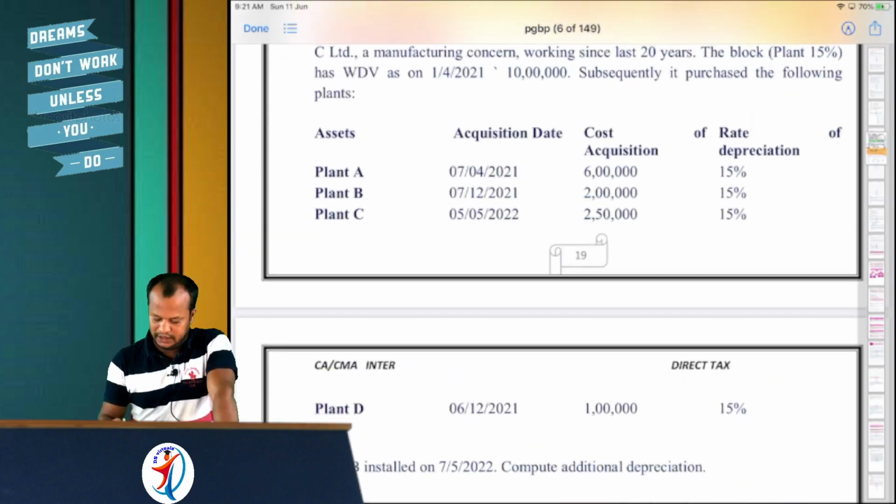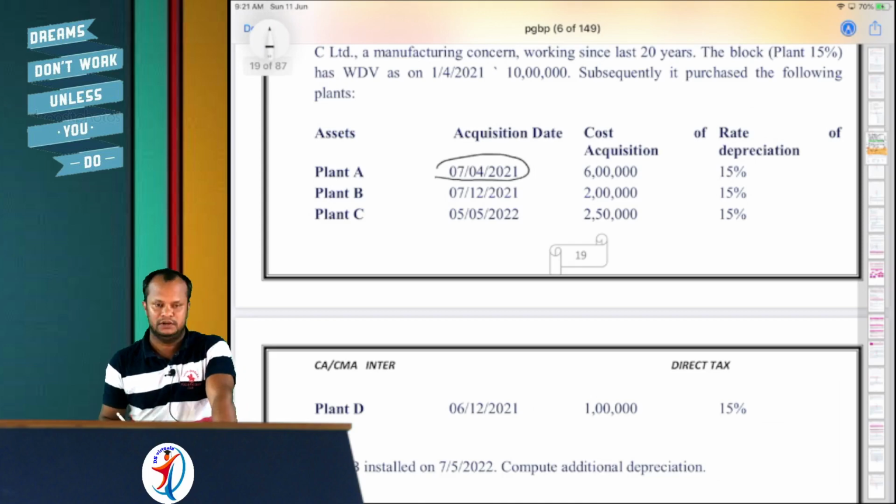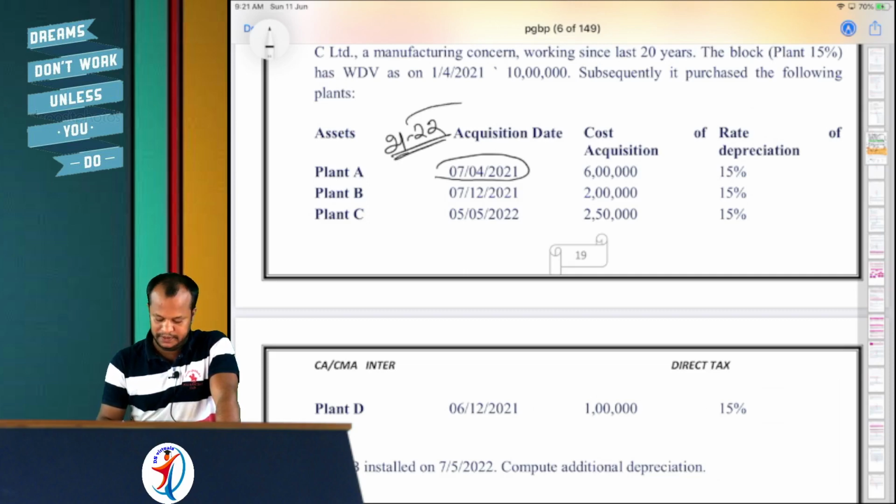The plant A is acquired 7th April 21. It means the year of acquisition is 21-22. So depreciation will be claimed in 22-23.